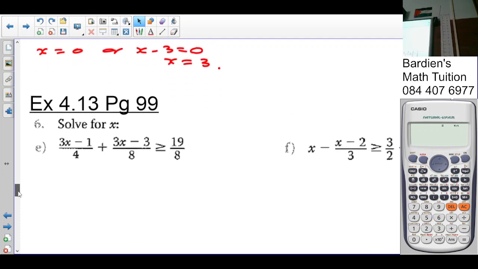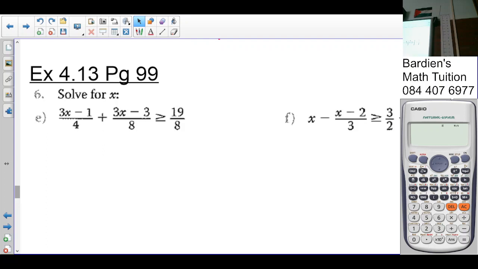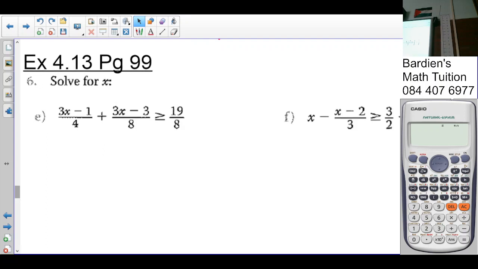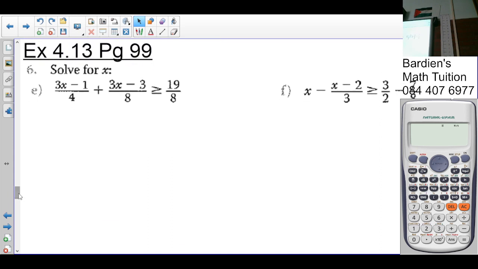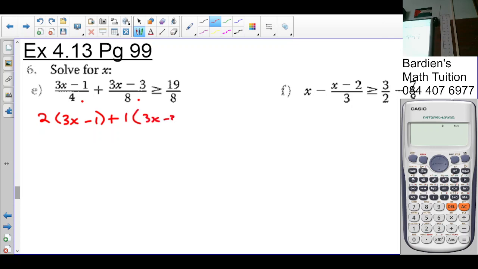Vraag 6. Question 6, 6E. Right, 6E. What's your LCM here? 8. So this must be multiplied by? 2. So it's 2 into 3x minus 1. This must multiply by? 1. 3x minus 3. Then we multiply by 1.